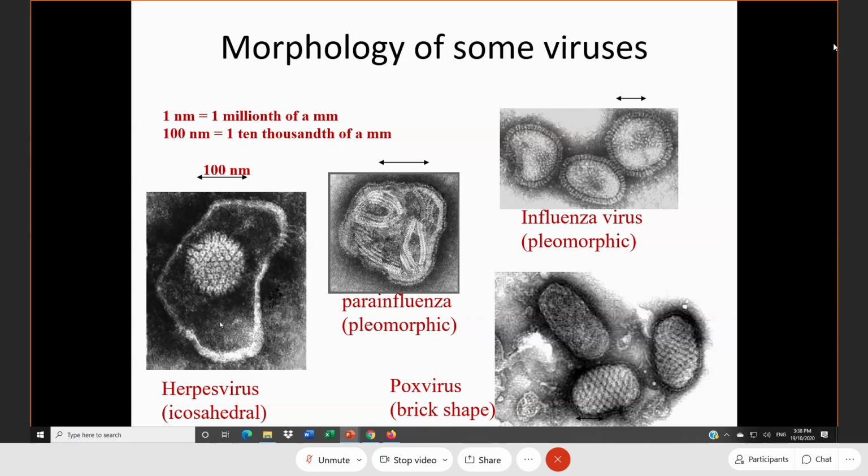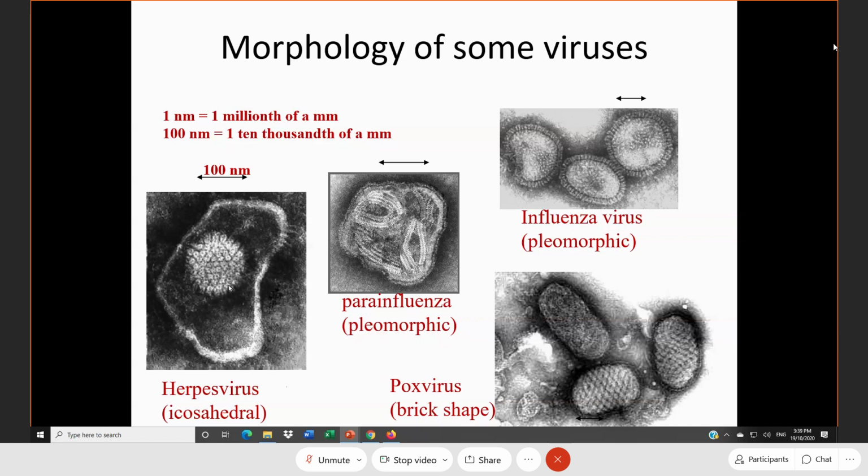You have seen this before. This is influenza virus, parainfluenza. You see it is segmented, different lengths, different copies. This is influenza virus, and this is actually pox virus, a complex virus.